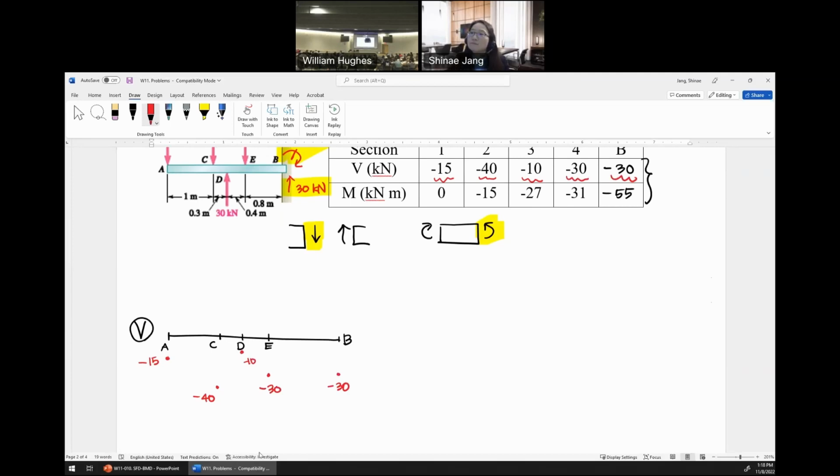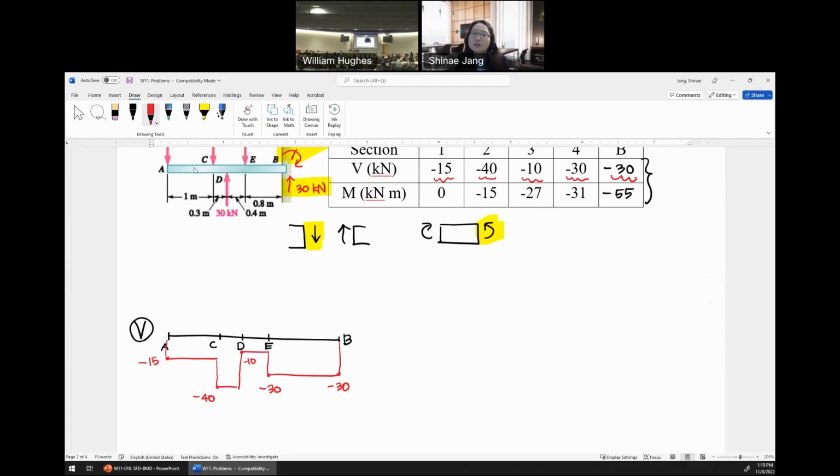And then we know if there are no shear forces, there are no changes, right? So we can say it stays there between AC, stays there between CD, DE, and then EB, right? Then we can just use some guidelines like this, connecting the dots together, right?